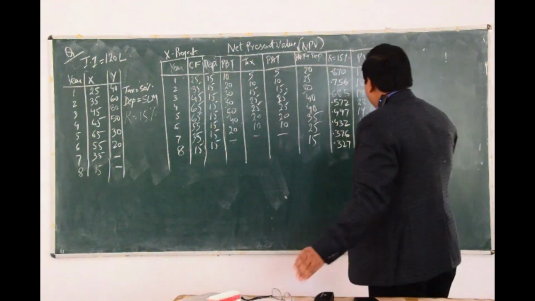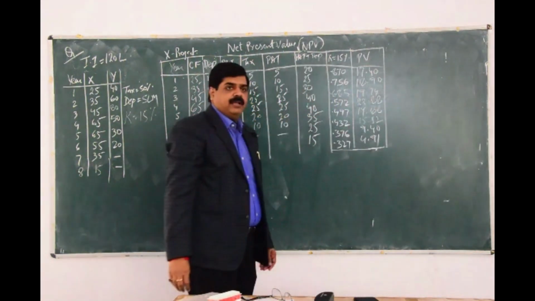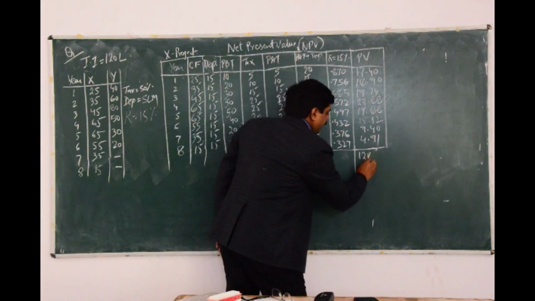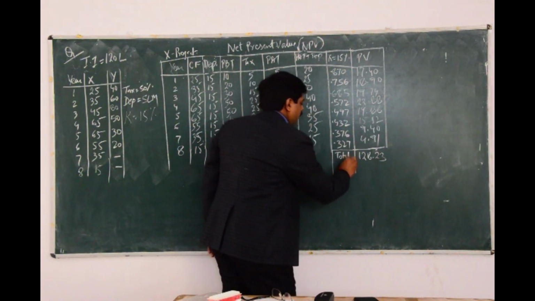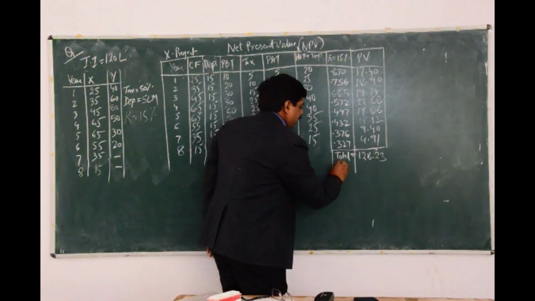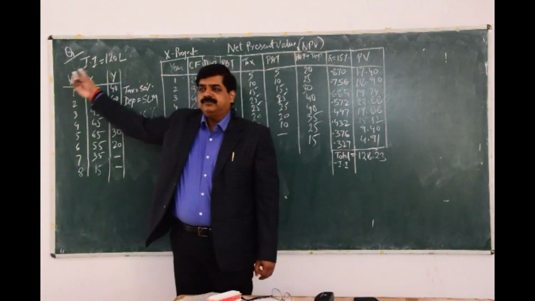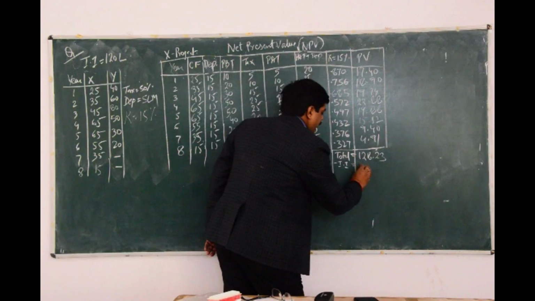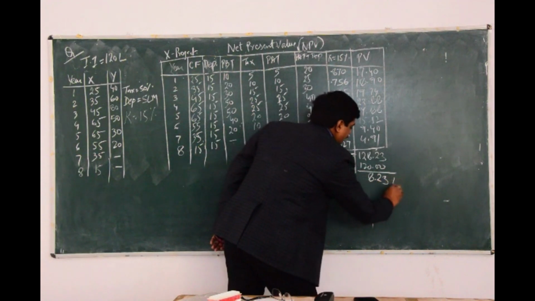And when you sum up the total of the present values, it comes to 128.23. We take the total of the present value minus the initial investment, that is 1,20,000, or 120 lakhs. So minus 120, it will give you 8.23 lakhs.